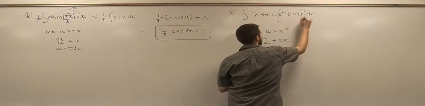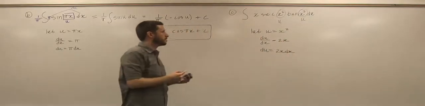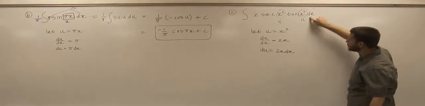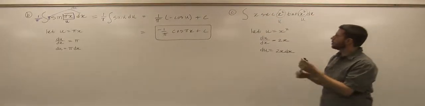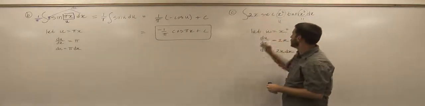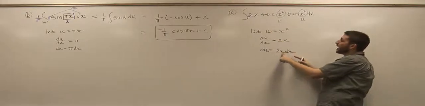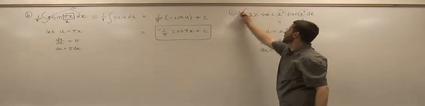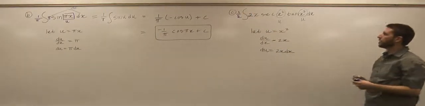These guys are taken care of. Each of these is a u. And then x dx will contribute to my du, but I need to put a 2 in front. I need 2x dx, and I only have x dx. So I put a 2 in front and a 1/2 outside.